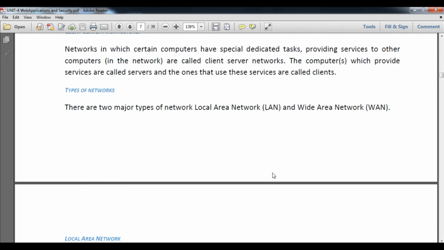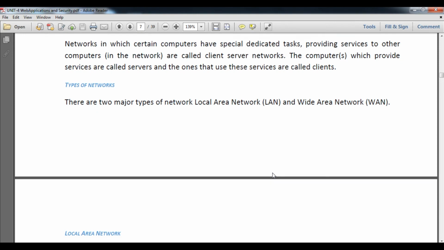There are two major types of network, that is LAN and WAN, that is local area network and wide area network.